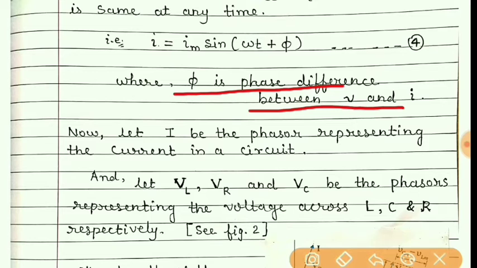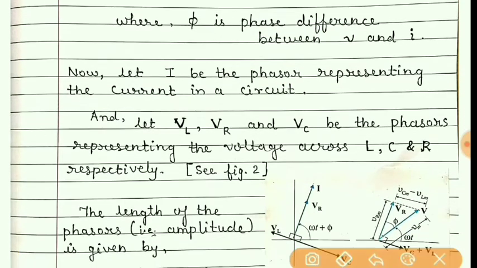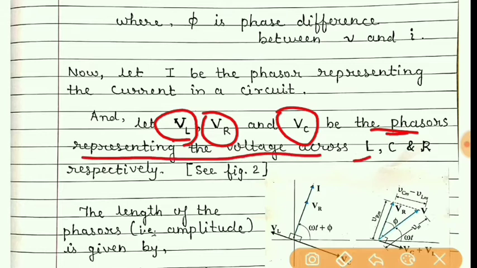Now let capital I represent the phasor of current. Then capital VL, capital VR and capital VC will be the phasors which represent the voltage across these components L, C and R. Students, the voltage drop across each component will be different, but the current is the same in each component because these are connected in series.